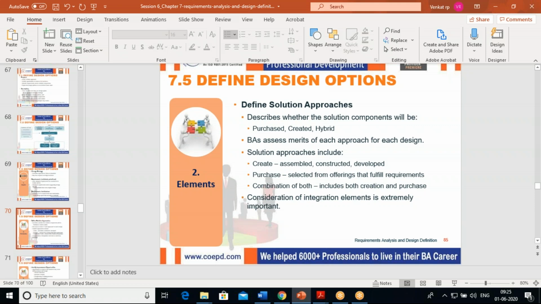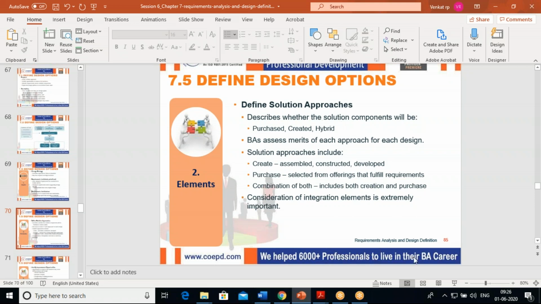Now either you can purchase it, or you can create it, or you can go with a hybrid mode. Suppose for us to have a solution, you can create on your own right from scratch. You can develop it, or you can even purchase one which has already been developed, or you can go for hybrid mode where you purchase it and then add your own. Like that we can go with a hybrid model as well.